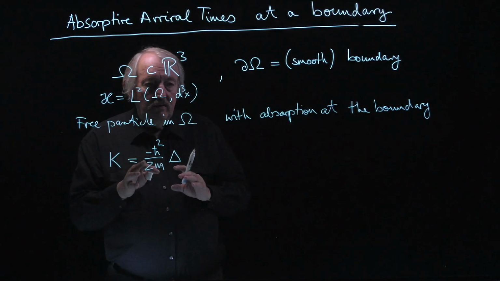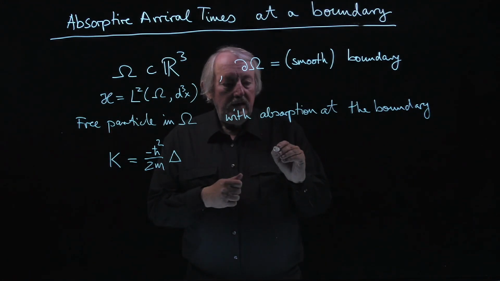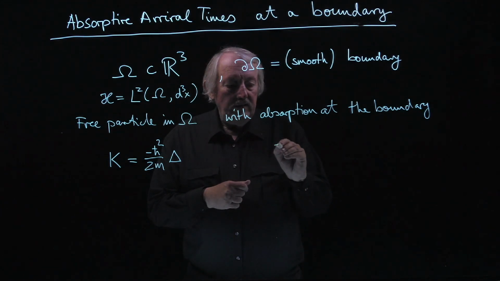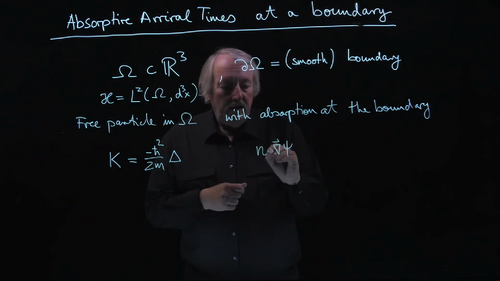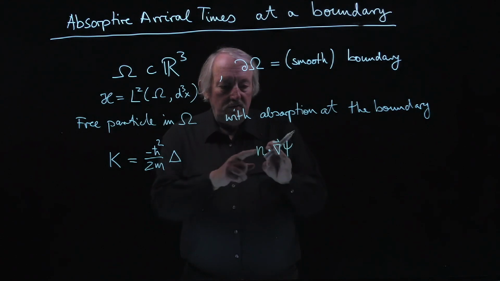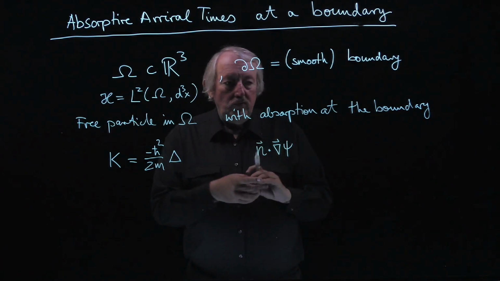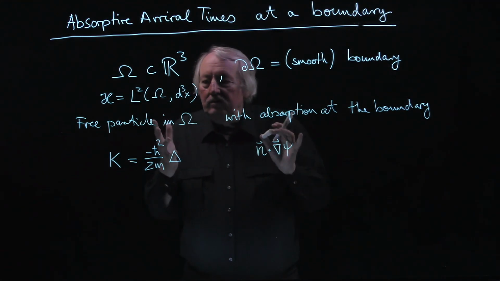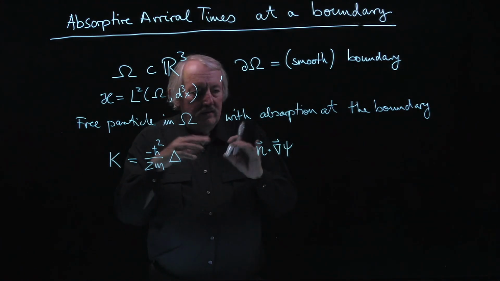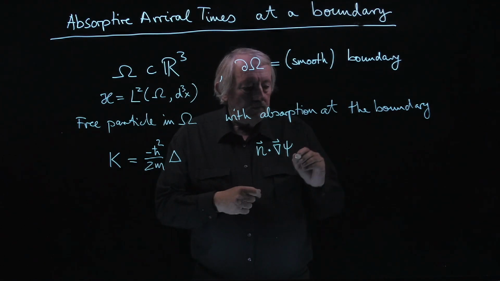Now we do something different from that. Namely, our boundary condition will be that the gradient of psi, so the derivative, let me just put a vector on the gradient here, and then we take the scalar product with the normal. So this is the normal derivative. There are two normals you can take, the inward normal that points into the region or the outward one. Well, our point of view here is that we really look for the particle, and we're interested in the inside. So let's take the inward normal.